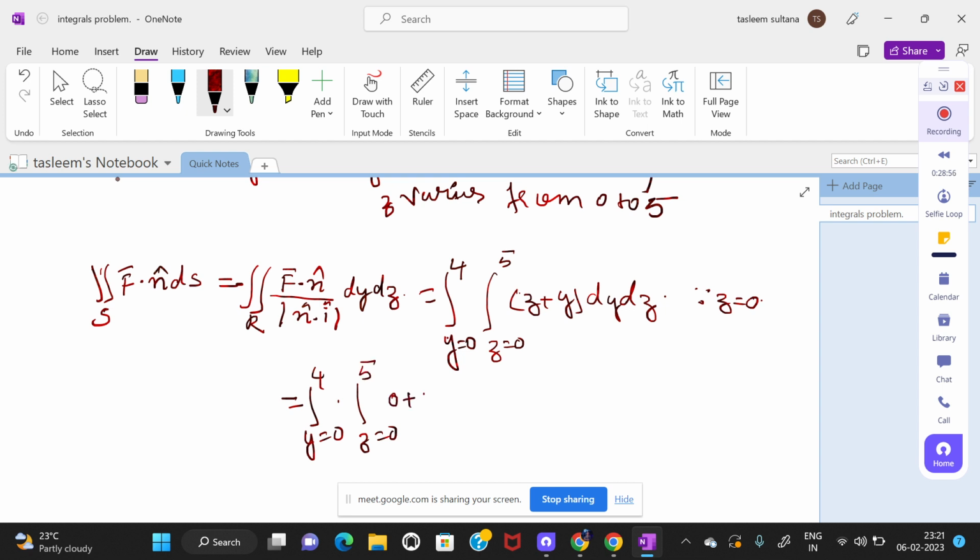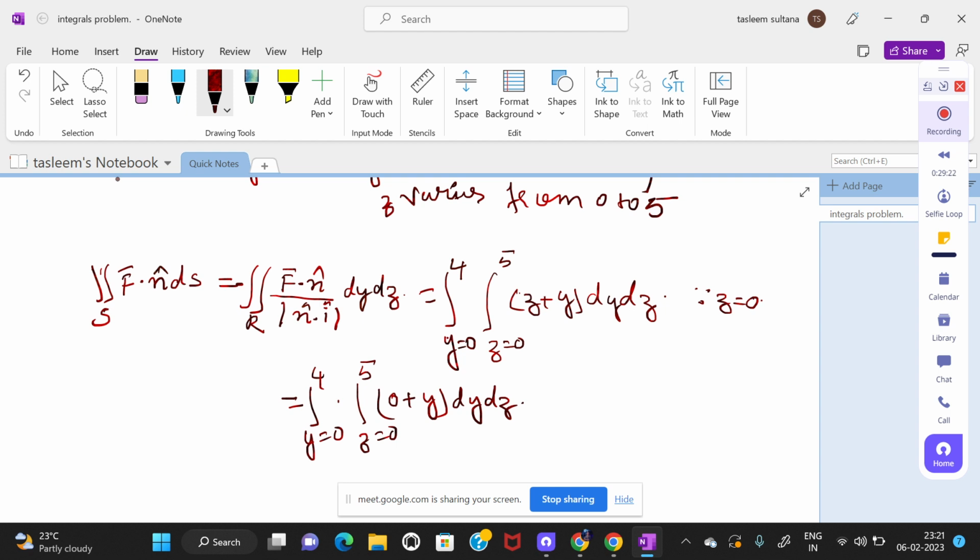Ma'am, how is that zero? Because it is the surface integral. z is equal to 0. We are solving for that in the first octant O, B, C, D. Your z will be 0 only.